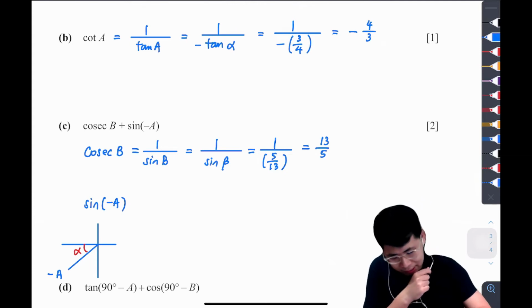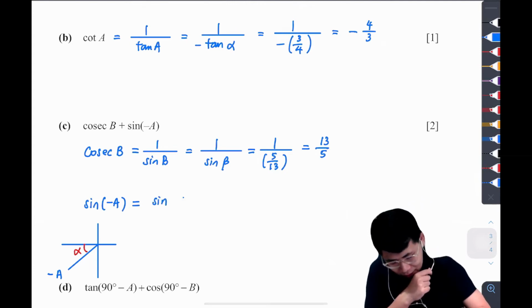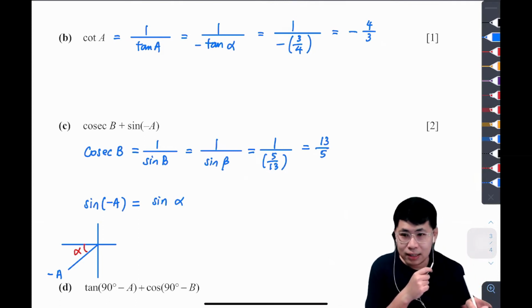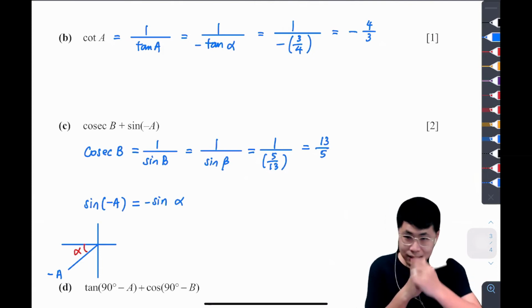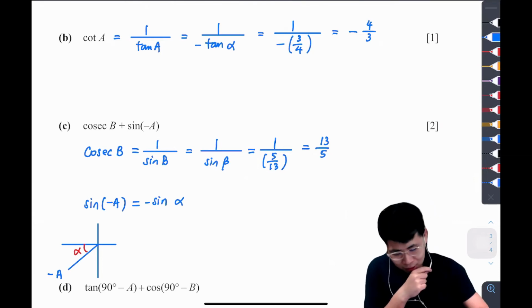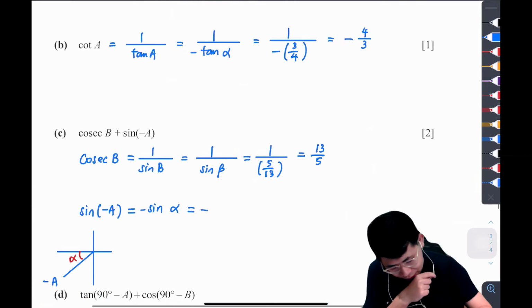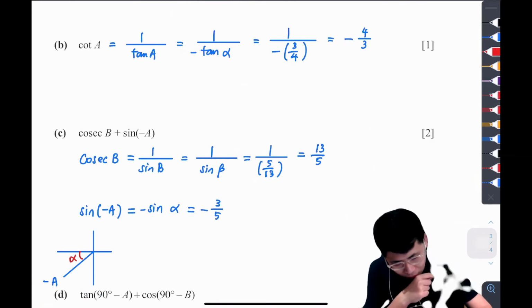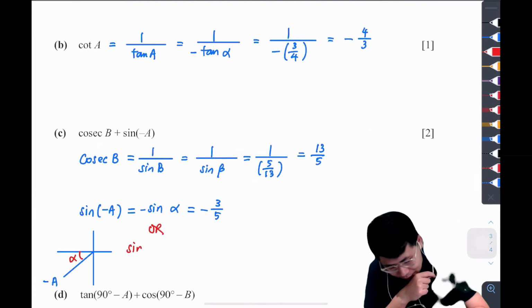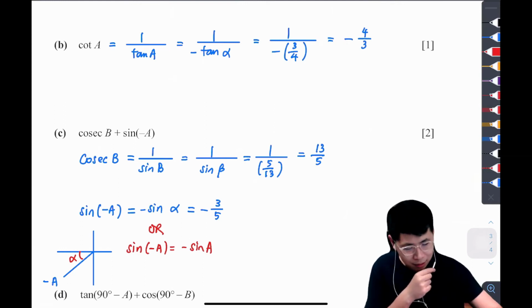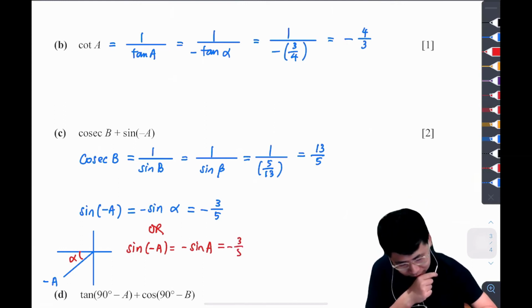So technically sine of negative A relates to sine alpha, just that now it is ASTC, and sine is negative. So this will be negative 3 over 5. The second way to do this is that sine of negative A is equal to negative sine A, if you know the negative angle formula. Then this will be just negative 3 over 5.